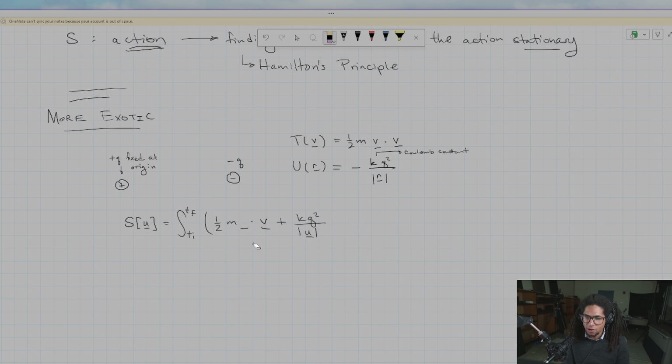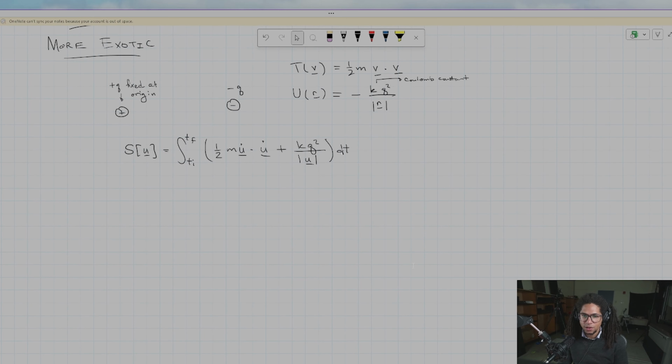And where I've put v here, I kind of screwed up. This should be u dot dot u dot. At this point, I'm suppressing the argument t, but that's all right. It's still there. I just want to save a little bit of space.